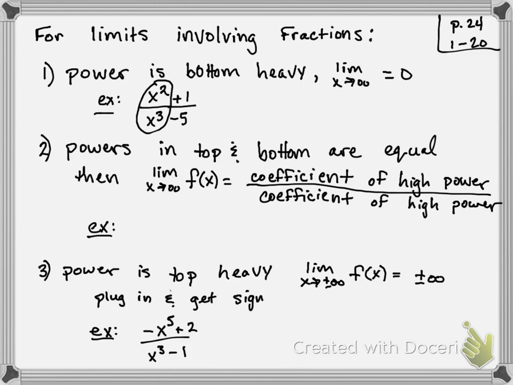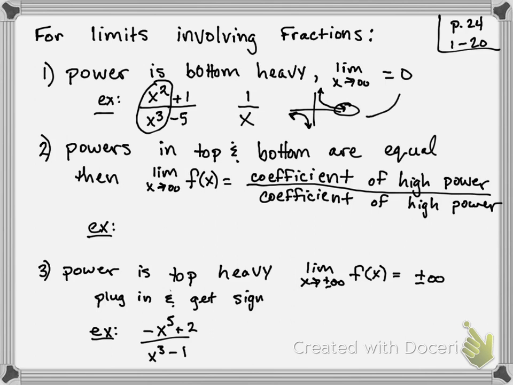And what that basically simplifies to is 1 over x. And y'all know the graph of 1 over x looks like that. So as x goes to infinity, what do my y values do? They go to 0.